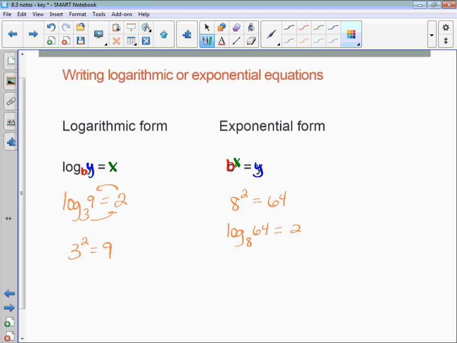See how the exponent goes over there? And you can always just check, like think about going back. So 8 squared is 64. Okay, that works. I color-coded them here for you just so you can recognize this base is the same as this base, that y is the same as that y, and that x is the same as that. Okay.